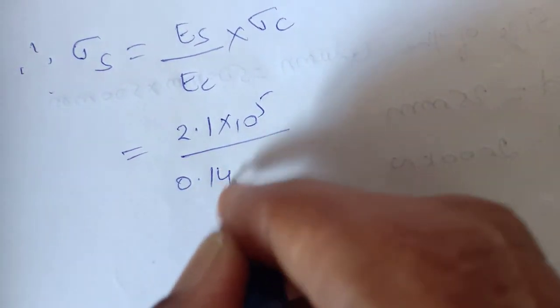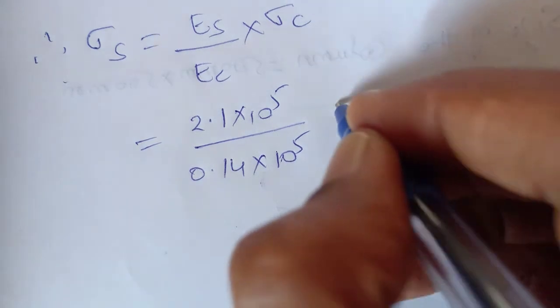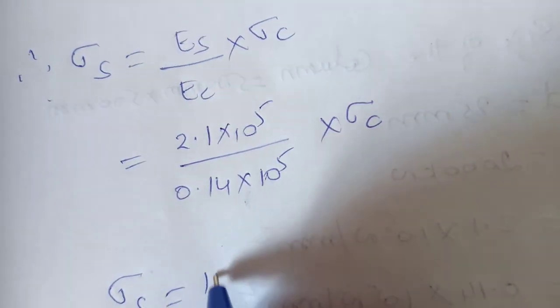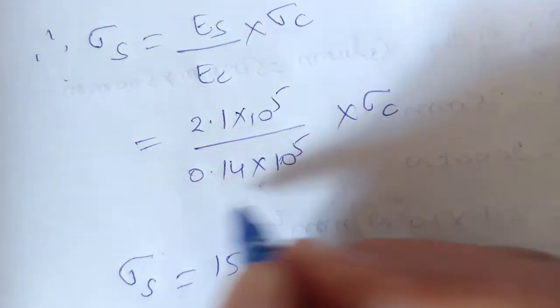So we shall continue with the sum. Therefore sigma S will be ES by EC into sigma C. So you have ES value as 2.1 into 10 raised to 5, EC value as 0.14 into 10 raised to 5 into sigma C. So sigma S will be 15 sigma C, the solving of this.